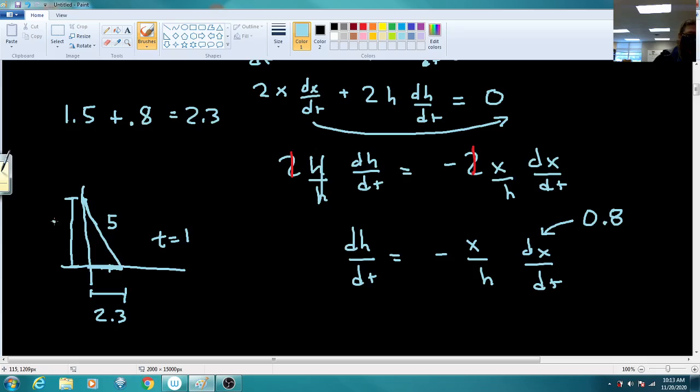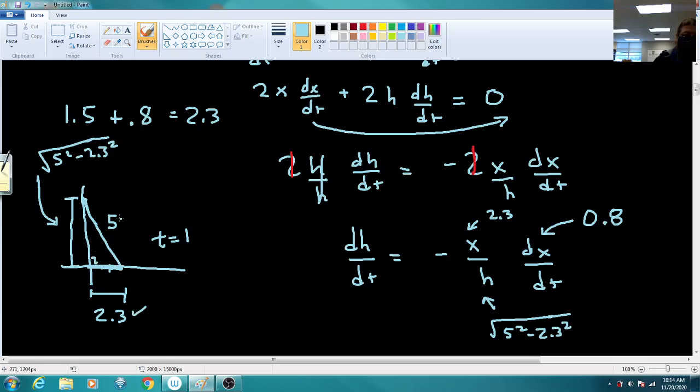And then we can use the Pythagorean theorem, and if we have this, then the square root of 5 squared minus 2.3 squared will be our missing leg here. So when we plug in, for x we get 2.3, and for h we get the square root of 5 squared minus 2.3 squared, and that's just using the Pythagorean theorem on this triangle.